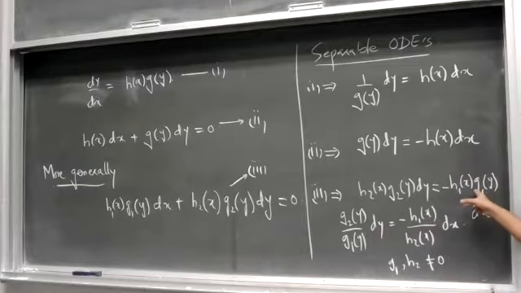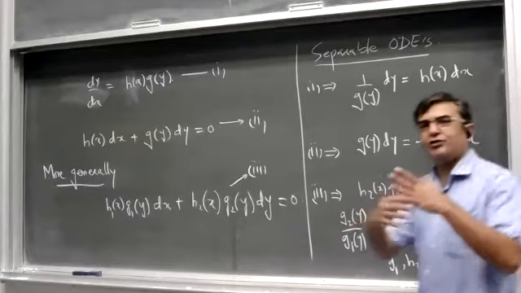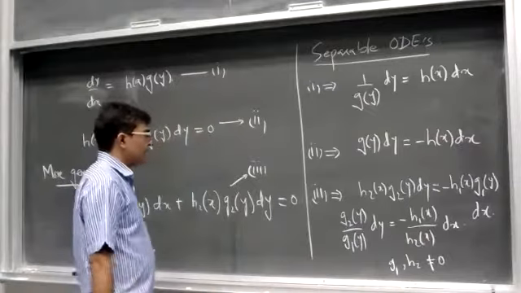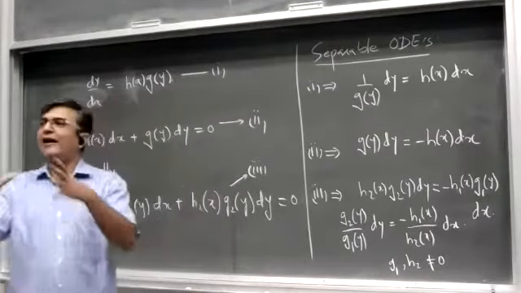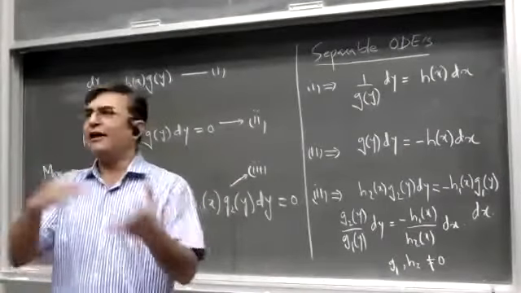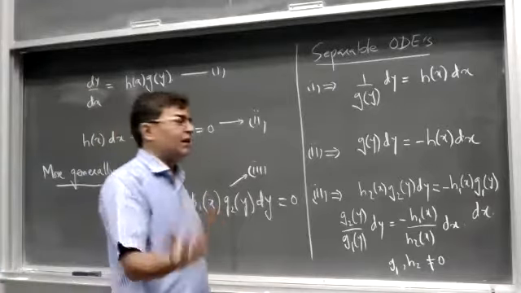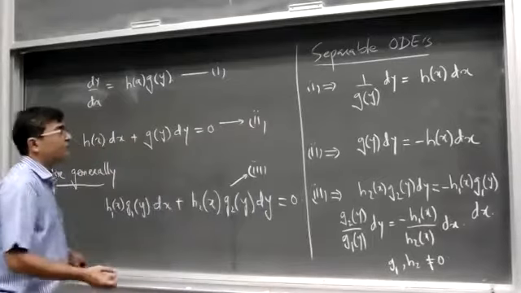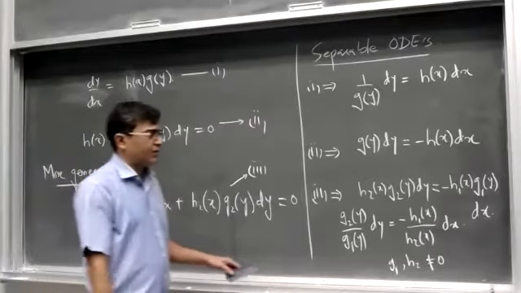You have to divide by g1 of y on the left-hand side in order to separate the variables. You have to keep dx and dy separate first, and then accordingly you divide those functions. I hope you get it. If you have any questions, ask.